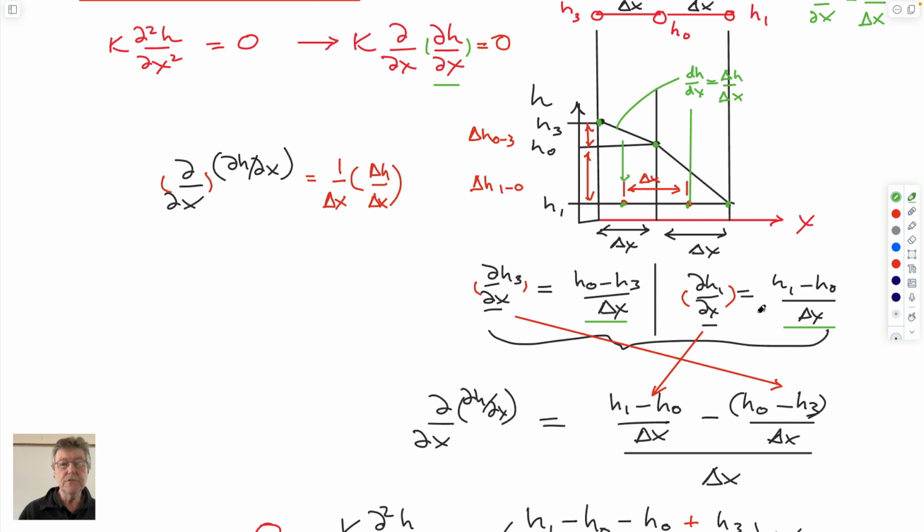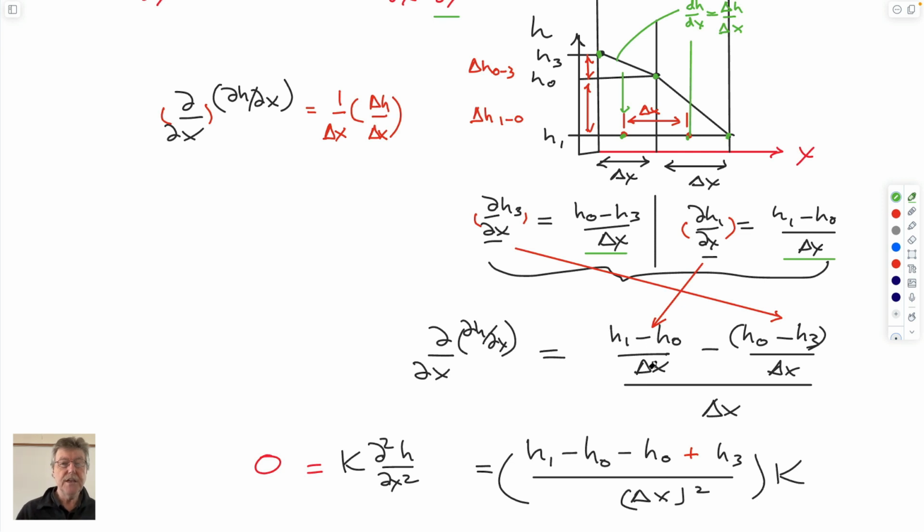So if we take each of these two values, subtract the downstream from the upstream, and divide it by the length over which it occurs, we get this. So this is taking dH dx from the downstream portion here, dH dx from the upstream portion, which is here, and saying that they change over this length, which between halfway across here and halfway across here is just delta x.